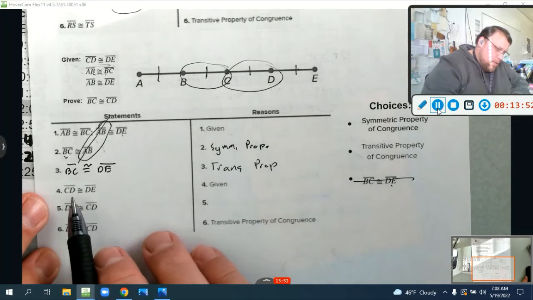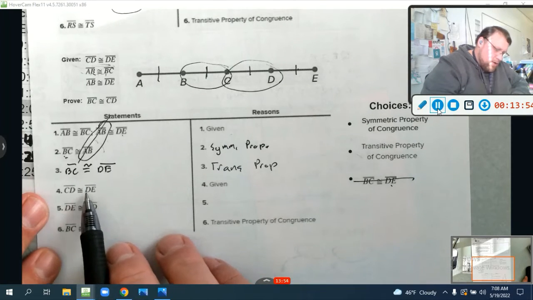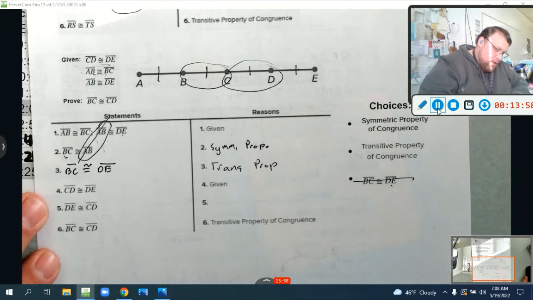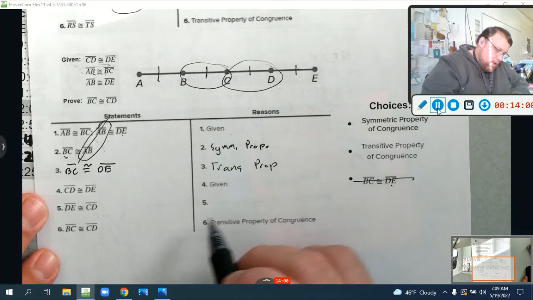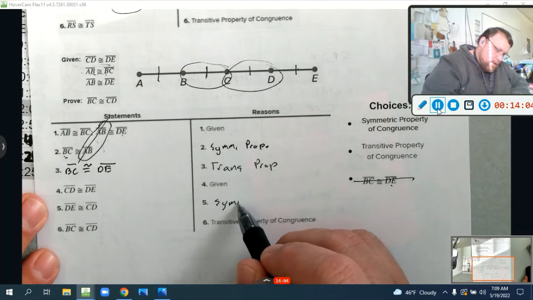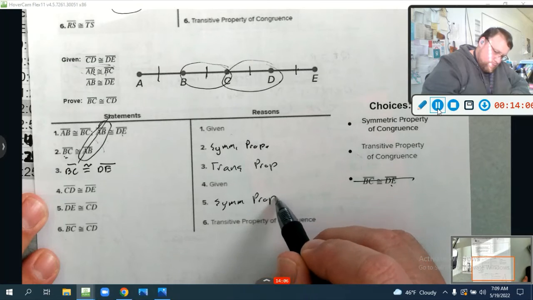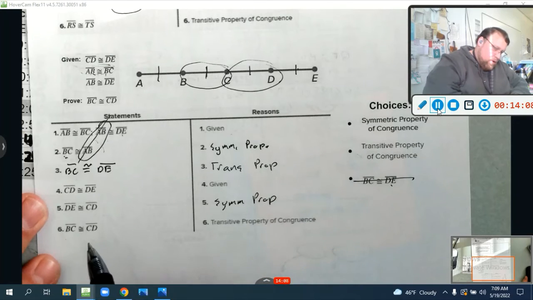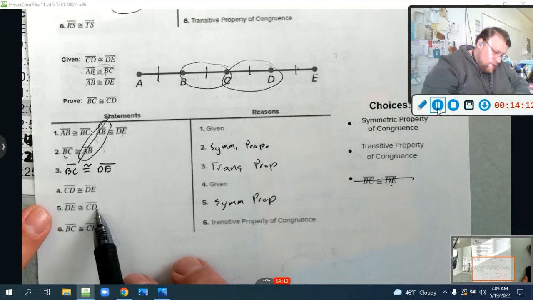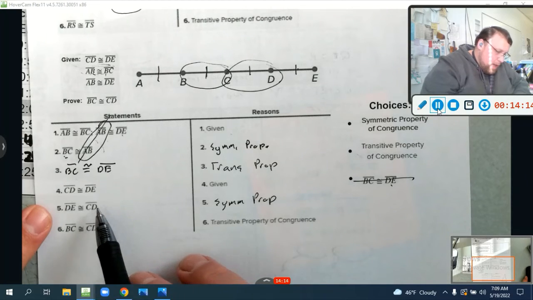Okay. Then we are also given CD is congruent to DE. And we're going to flip it around, right, to help us with the pathway. And we're going to say DE is congruent to CD, and that's just the symmetric property again, right? Because I need it in order, because now that I have DE is congruent to CD, let's go back up here.